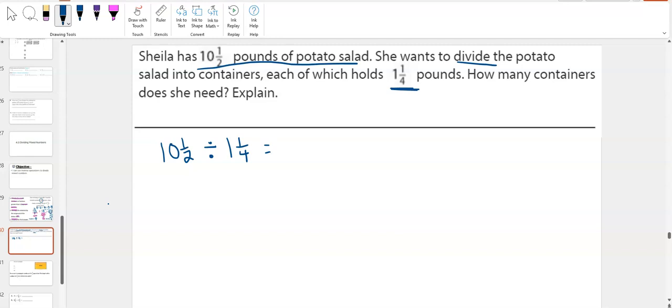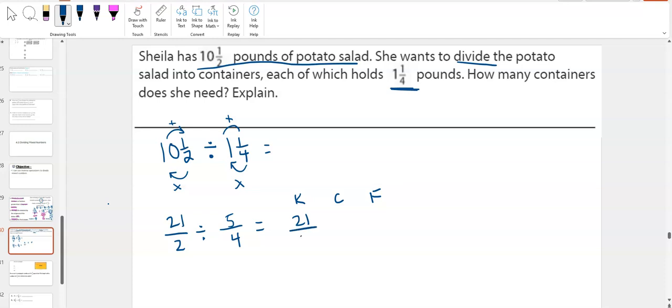So first step, turn these improper. I'm going to multiply and add. I'm going to do 2 times 10 is 20, plus 1 is 21. 4 times 1 is 4, plus 1 is 5. Now I am going to keep, change, flip.